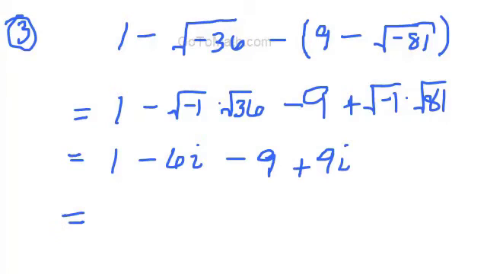Alright, so getting it in our standard form, 1 minus 9 is going to be negative 8, and then negative 6i plus 9i is plus 3i, plus 3i.